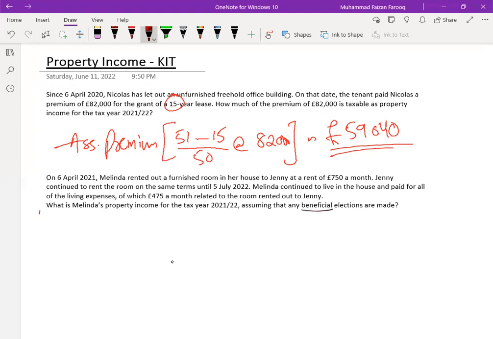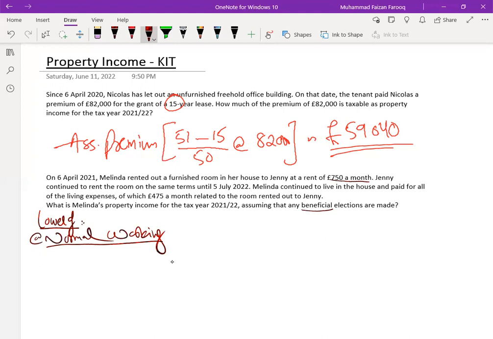Beneficial, we know that it's a room, right? Yes. Lower of A, which is my normal working. Normal working means I will check. This is the cash basis, right? 750 a month. And is it rent out throughout the tax year or no?